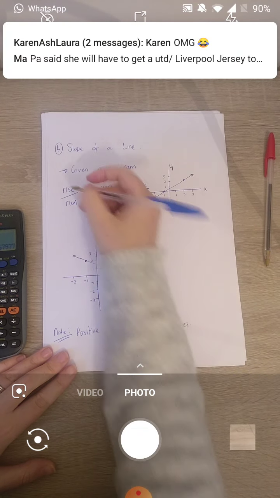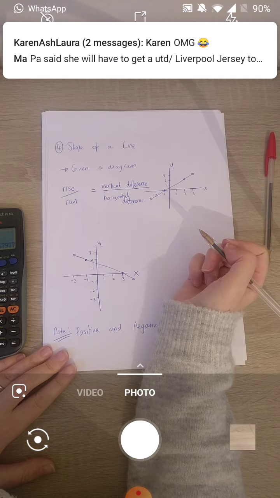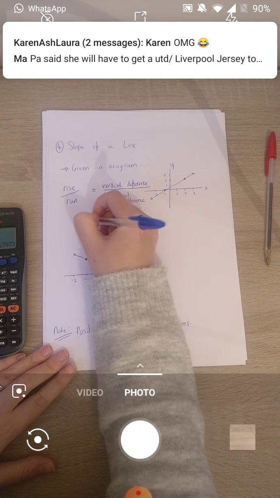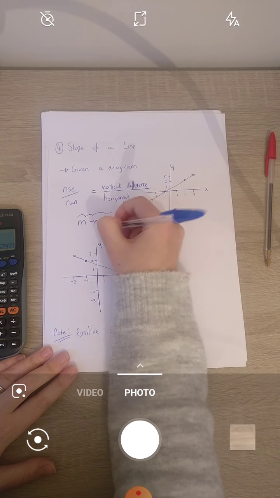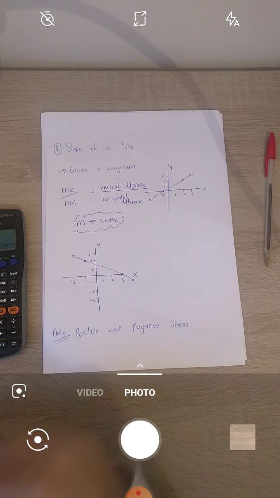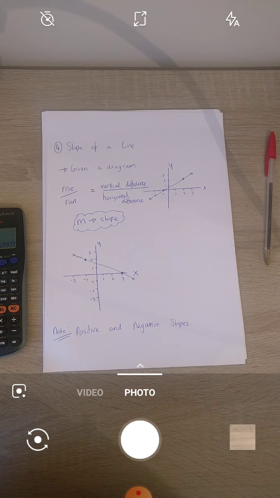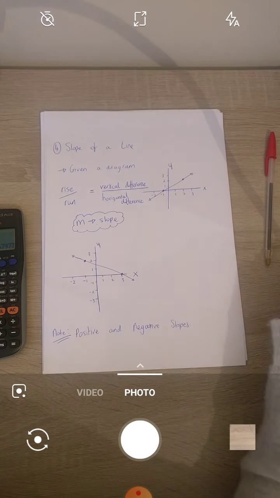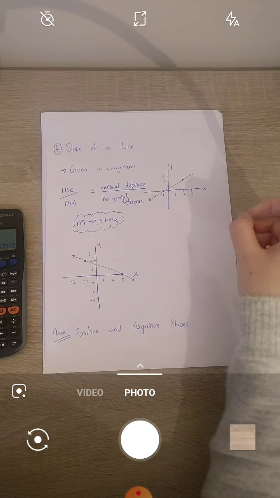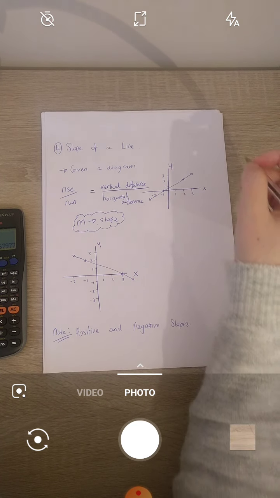Generally, our slope is a fraction, okay, and the slope we usually refer to as m, and you'll see that later on when we go to the equation of the line as well. Okay, so I'm going to look at 2 different examples, and we're going to look at the rise over the run to find our slope.